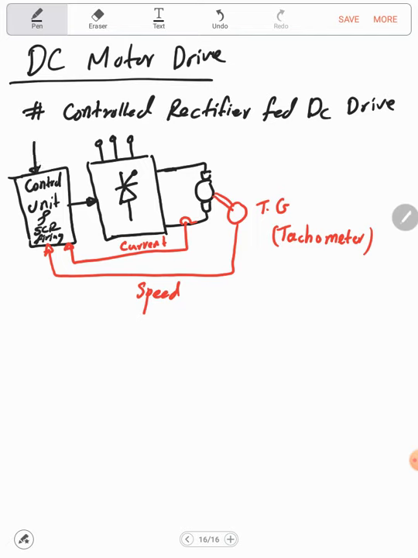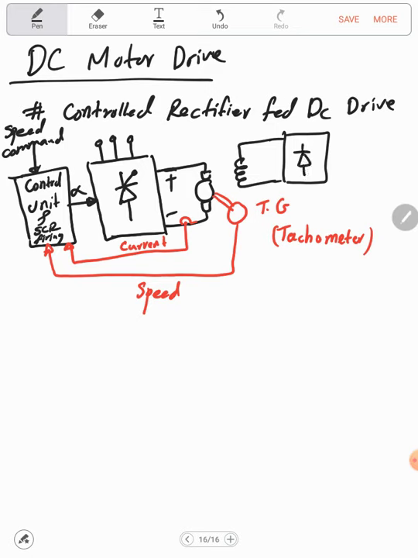So here now we have a variable DC supply. It can be controlled by controlling alpha, the firing angle. And the field can also be controlled using a controlled rectifier. Let's assume this one is single phase, and here we need the firing angle for the field and the firing angle for the armature circuit.